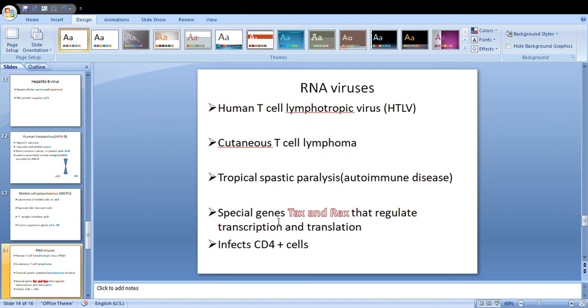This virus infects CD4 T cells, the lymphocytes, the helper T cells, and has an affinity for them, so HTLV causes oncogenesis.